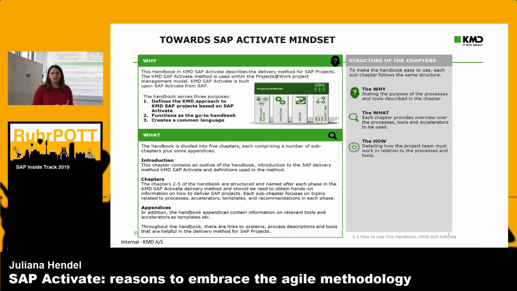And also, each organization will have their own ways of working, and it is very important to consider the overall governance model that you have in your organization. So where I work, we are a big organization, and we don't only work with SAP, we also work with other technologies. But for the entire company, we have one governance model.